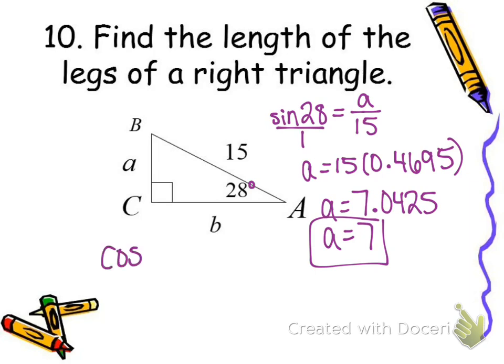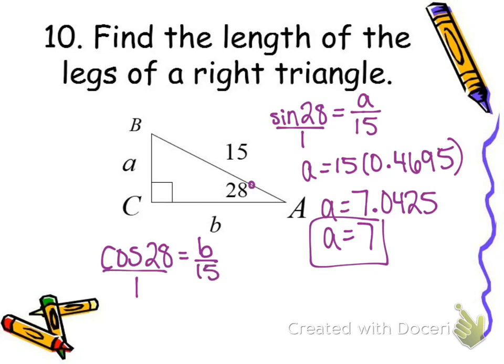To find our last side, we take the cosine of 28 degrees and set that equal to what? Adjacent side would be, what's adjacent to this 28 degrees? B over the hypotenuse, 15.